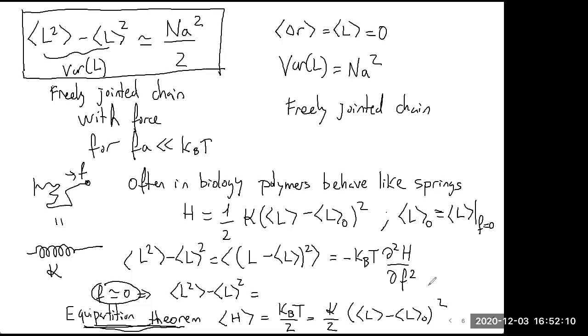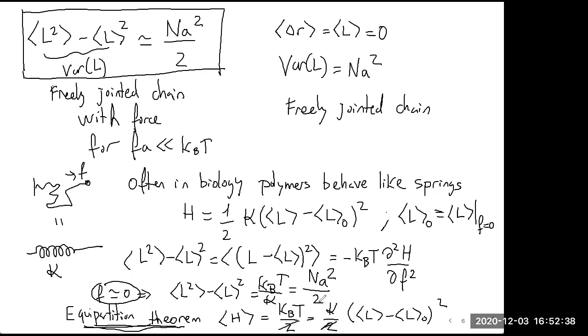I have to correct it in my notes. What I want to say is that the average of L squared minus the average L squared, from here you get that it is KBT over kappa, and from our theory we said that this is NA squared divided by 2.